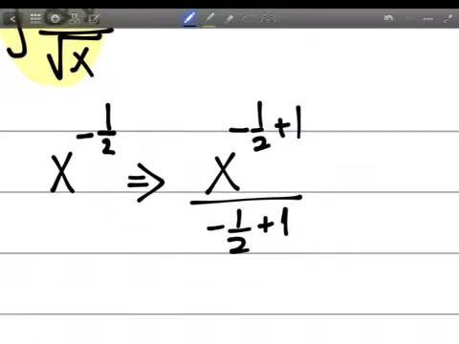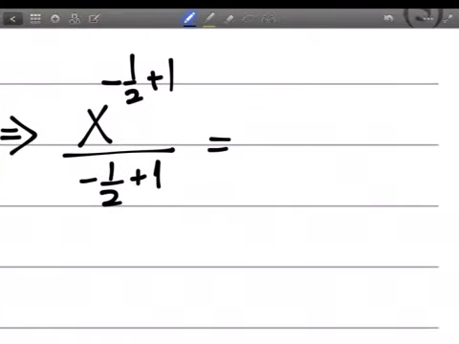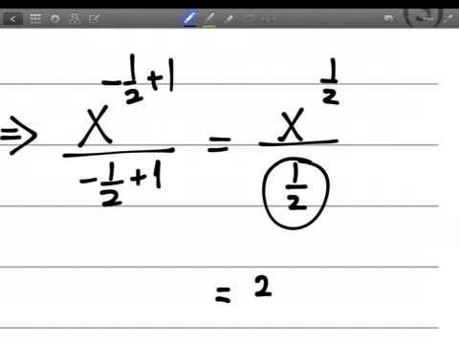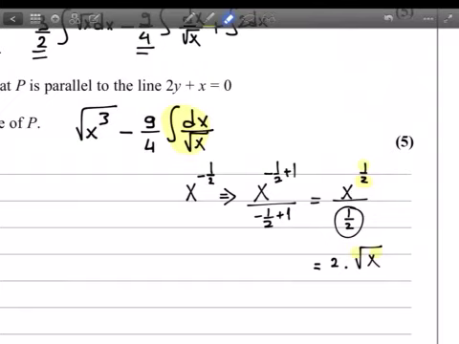Really easy. X to the power of 1 over 2, and we have 1 over 2. Again, we can write this denominator as 2 over 1, and then 1 times square root of x, because the denominator should be the degree and the numerator should be the x power. Okay, 2 root x. Yes, we can write it here.